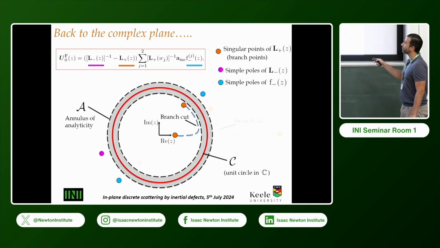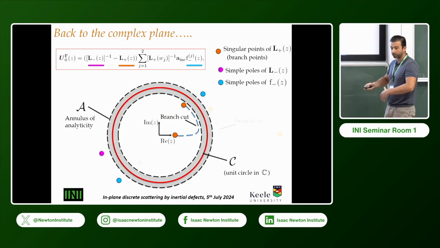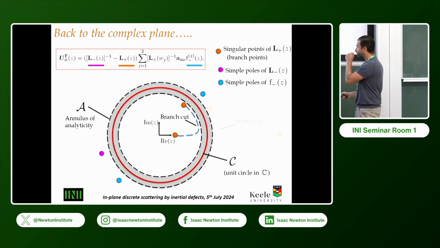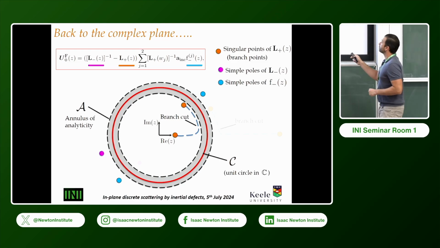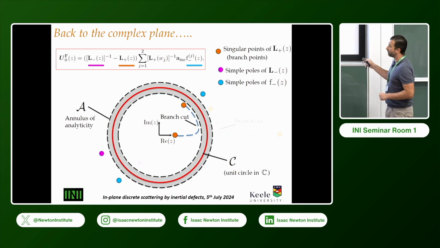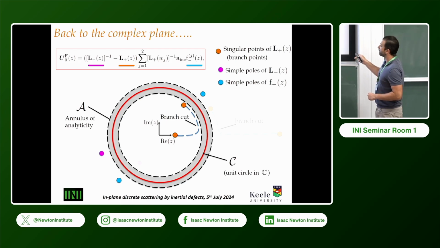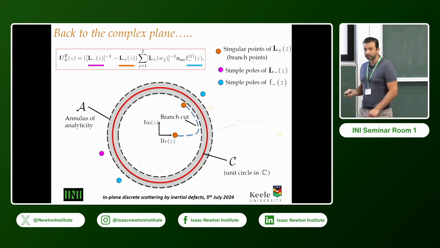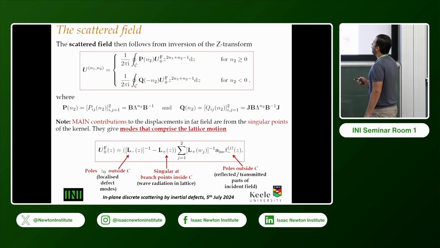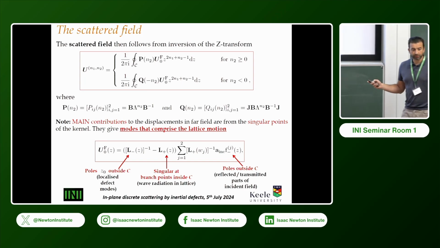I've faded out those singular points that don't contribute to the actual physics of the solution in the far field. So you have to worry about simple poles, simple zeros of L minus, and you have to worry about the simple poles corresponding to the incident wave, and then these branch points inside here. That's when you do the inversion of the Z transform.